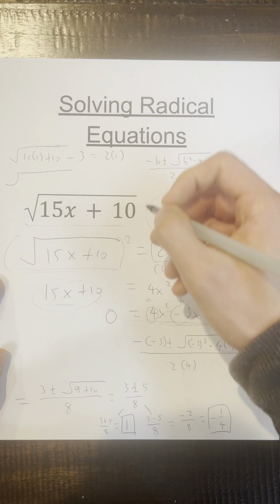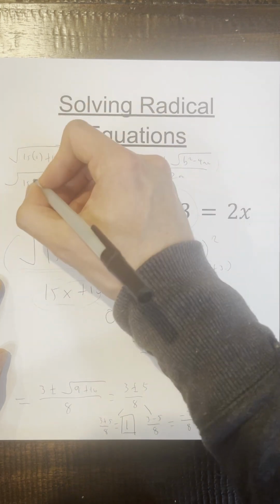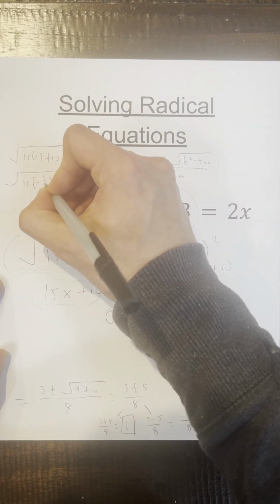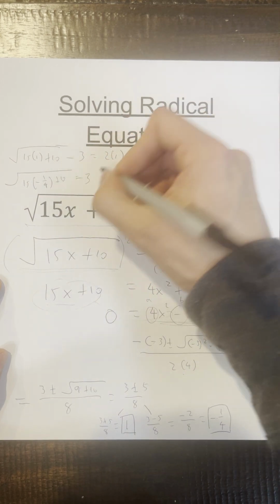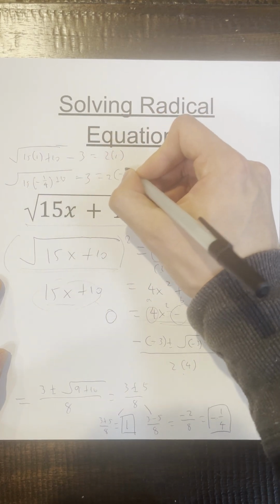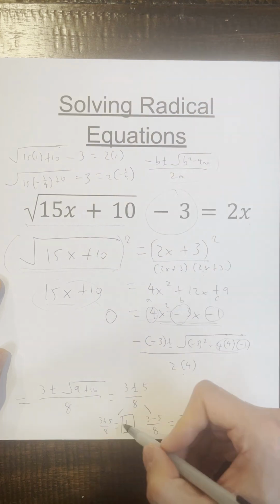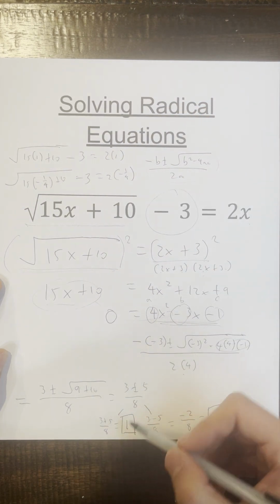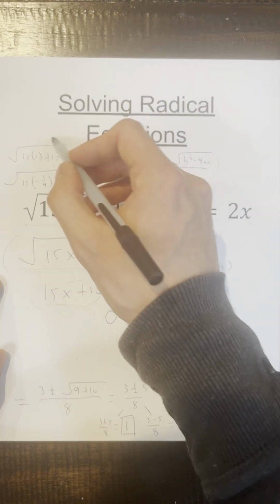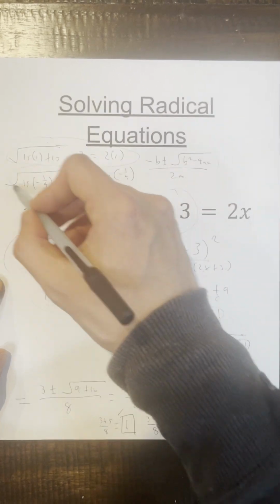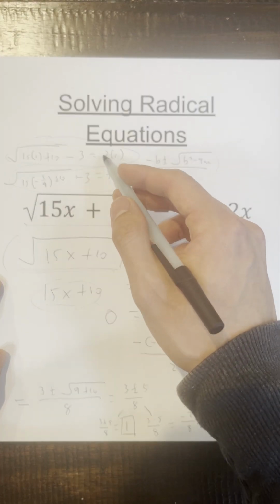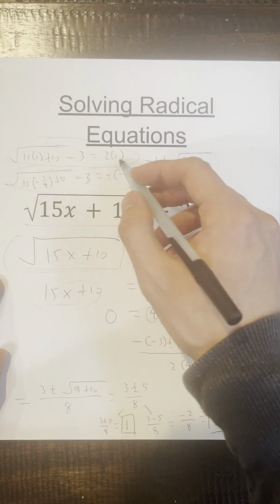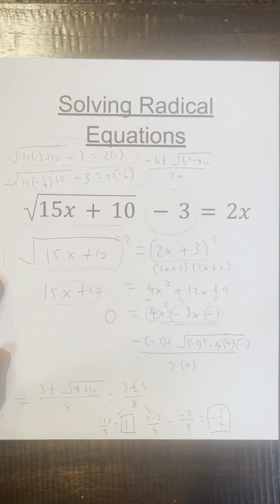And then we're going to get 15 times negative 1 over 4 plus 10 minus 3 is going to be equal to 2 times negative 1 over 4. Sometimes when we solve these equations and plug these back in, it may not give us a true statement. So I'm going to let you all double check in the comments and see if these equations still hold.